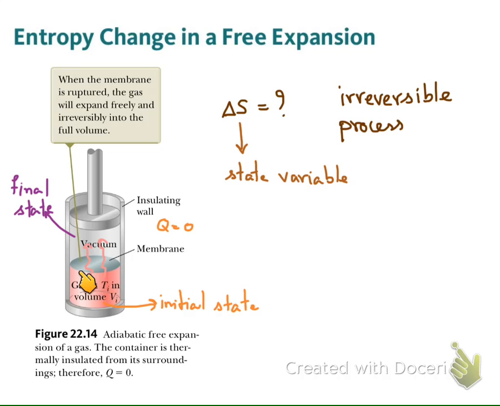And again, when we break the membrane and the gas diffuses to fill the piston to the final state, the process is irreversible, but we don't care. After a while the gas reaches thermal equilibrium in the final state, and the entropy of the final state will be the same no matter what state it comes from, by any process, reversible or irreversible.